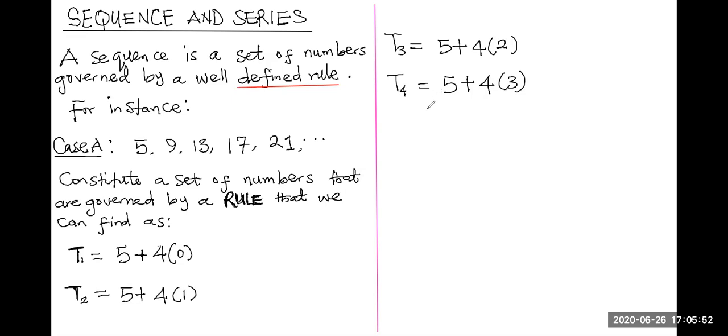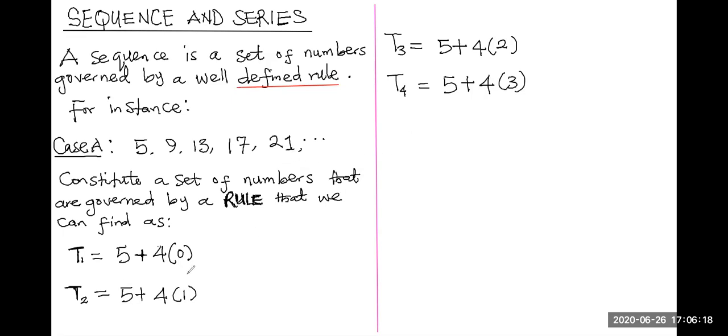Because our interest is to generate a rule that is governing this set of numbers, so that in case we are asked what is the 256th term or the 10,000th term, we should be able to use that rule, the nth term formula that is guiding that family, to generate the particular term that is of our interest.